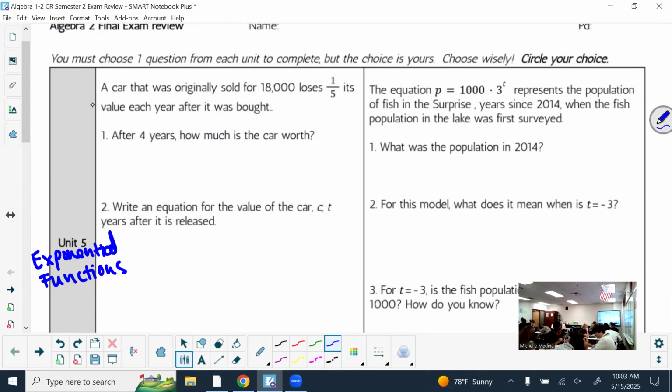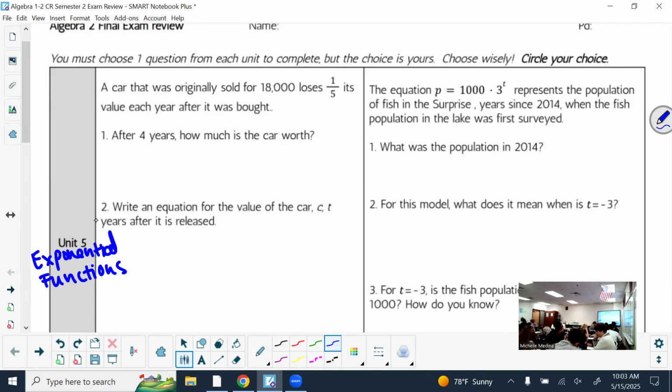There is a way to problem solve it without knowing the setup. But in number 2, it says write an equation for the value of the car C, T years after its release. So you end up needing the equation anyway. So let's try and start there.